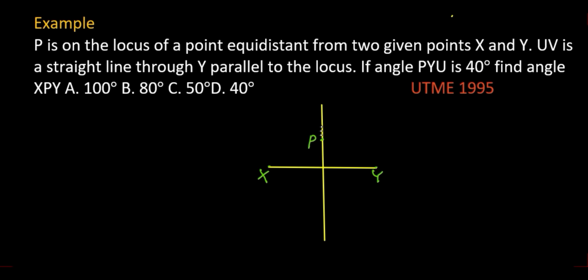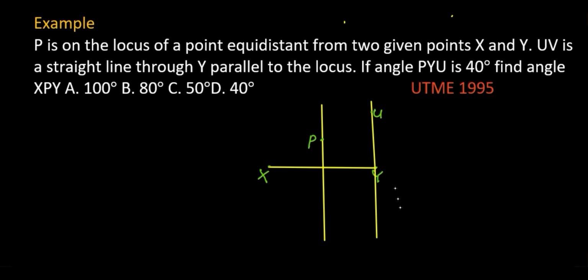The question says that P is on the locus, so let us put P there. It's also said that UV is a straight line through Y parallel to the locus.